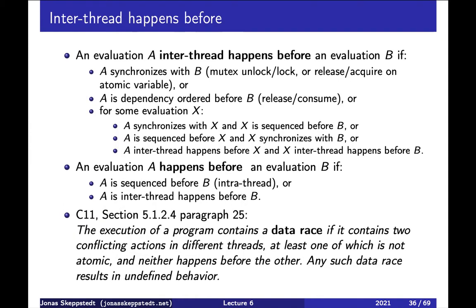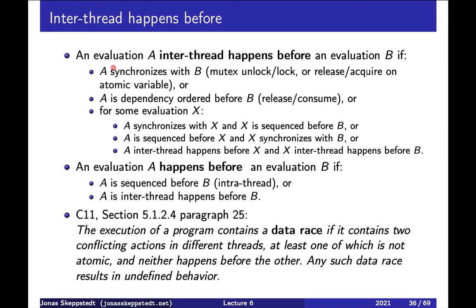Okay, so now we can see how to avoid a data race in C and C++. What is important to achieve is inter-thread happens before, meaning we can be guaranteed that there is no data race. And there are two ways basically, plus transitivity.